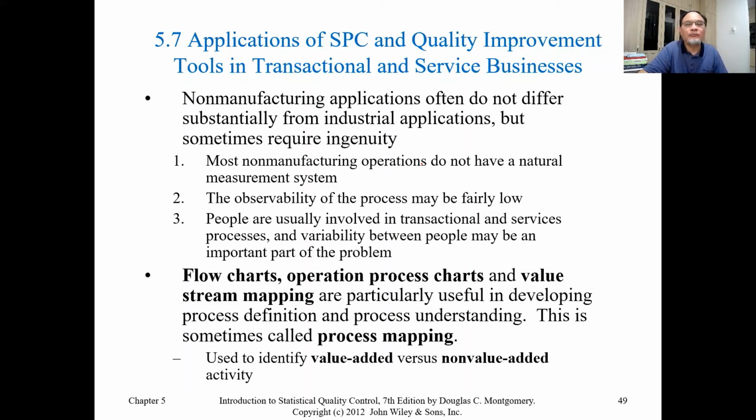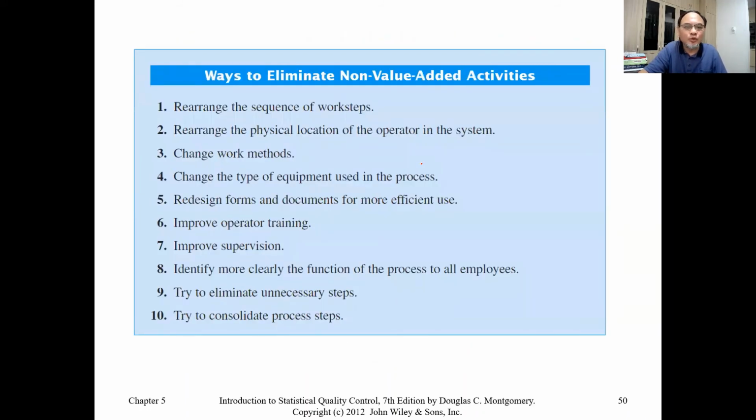This is picked up from lean manufacturing tools, value stream mapping, to actually eliminate non-value added activities. So ways to eliminate non-value added activities: rearrange the sequence of work steps. This is particularly for service organizations. Rearrange the physical location, change the work methods.